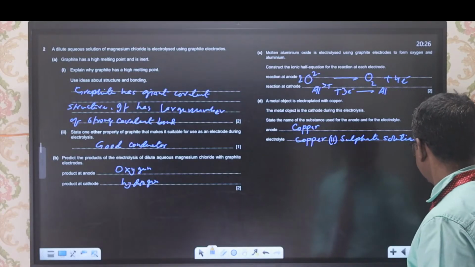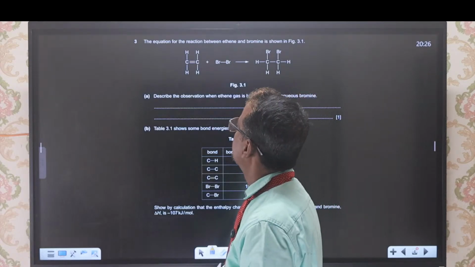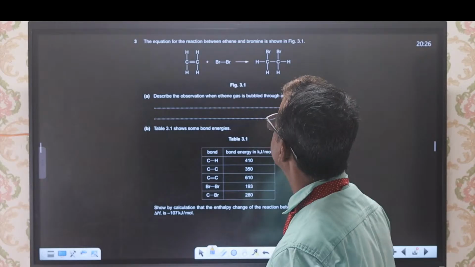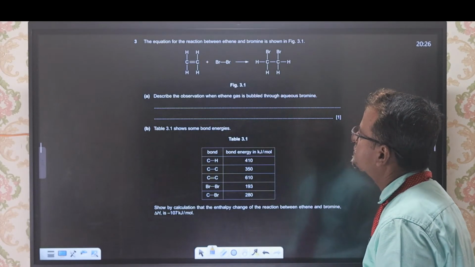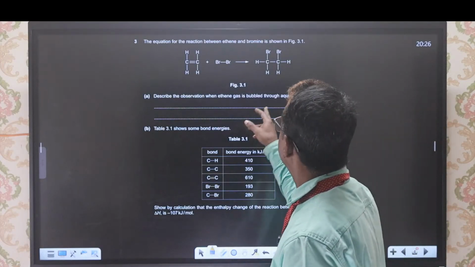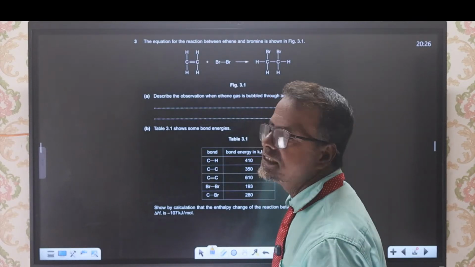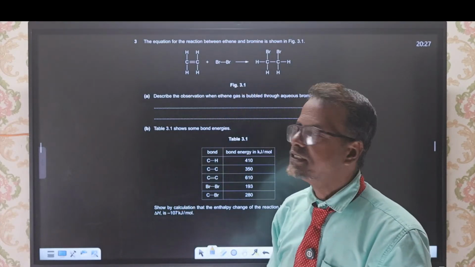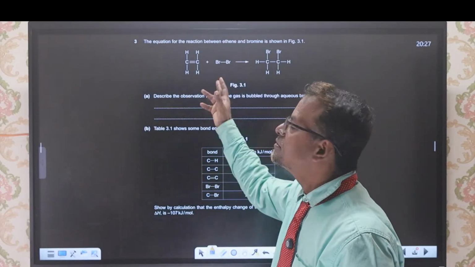The next one is question three. The equation for the reaction between ethene and bromine is shown here. Describe the observation when ethene gas is bubbled through aqueous bromine. When bromine and ethene react together, it forms a bromo compound. Bromine is a brown solution. So if ethene gas is passed into the bromine solution, the brown color disappears.